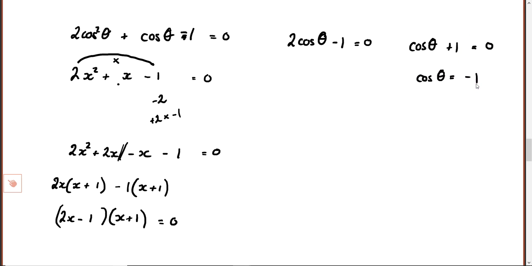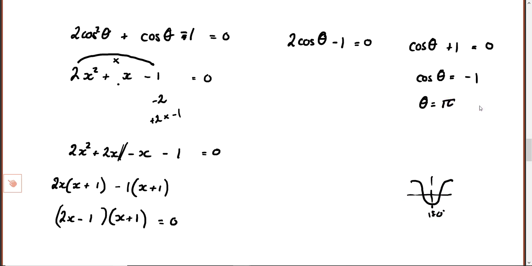So just check in 0 to 2 pi. So I know from cosine that cosine is like this, 180. Yeah? So it's at that point, isn't it? So 180 degrees, but that's pi.